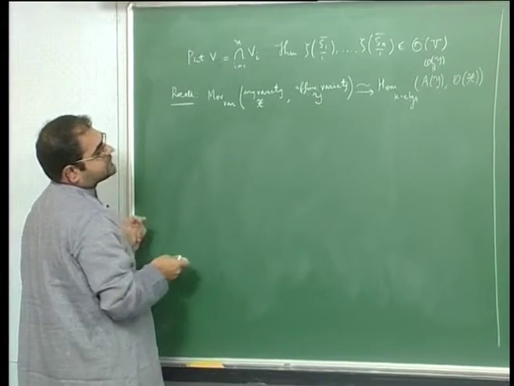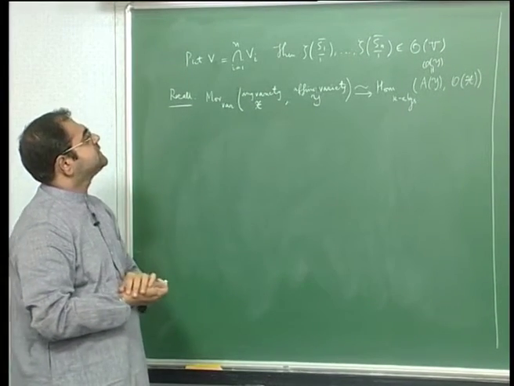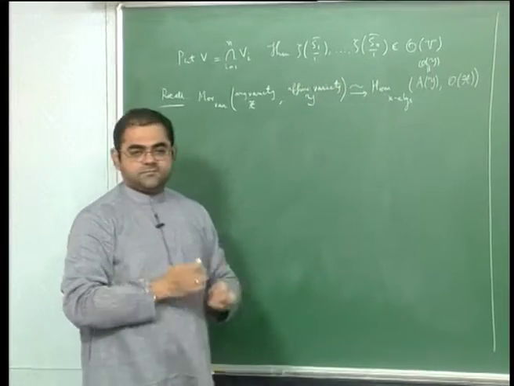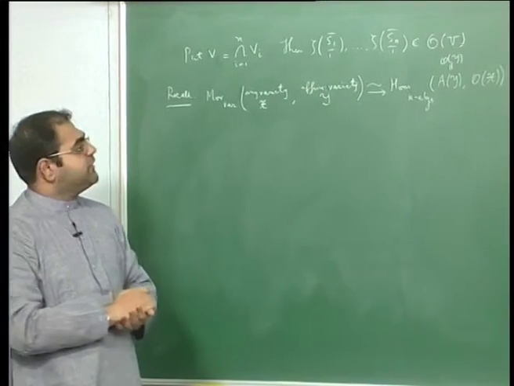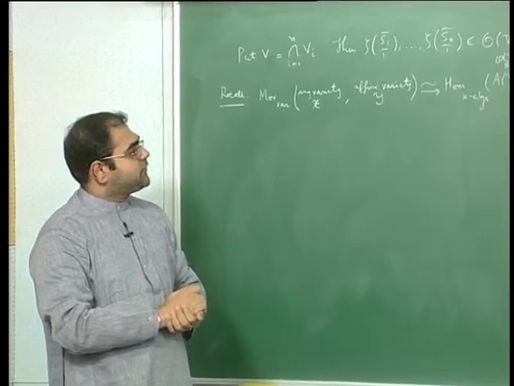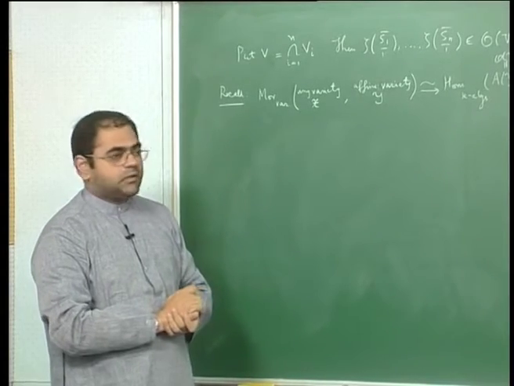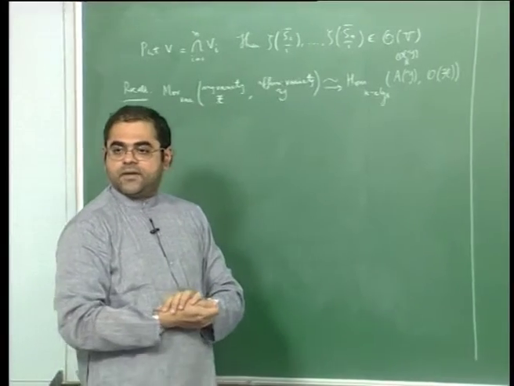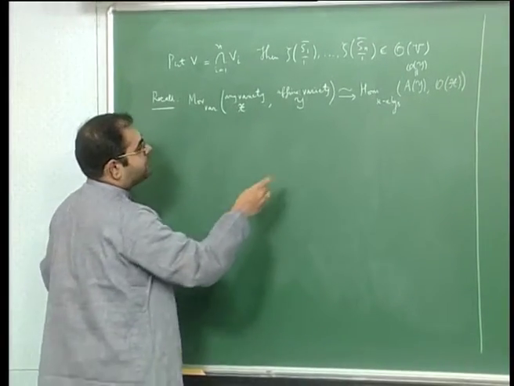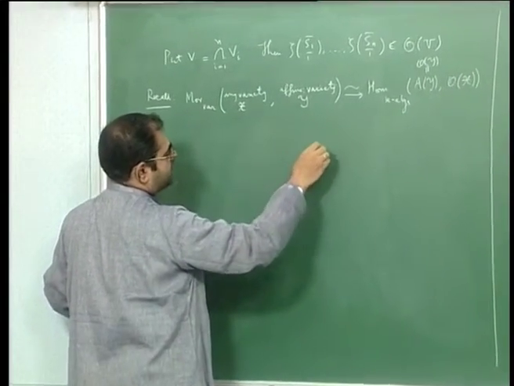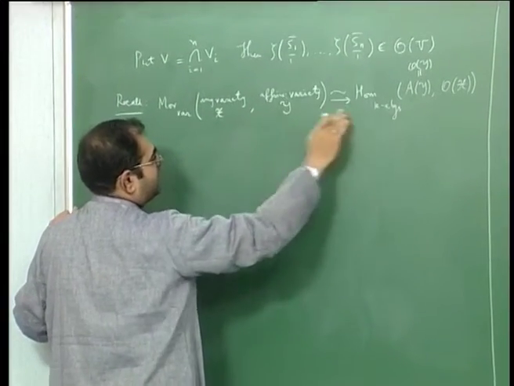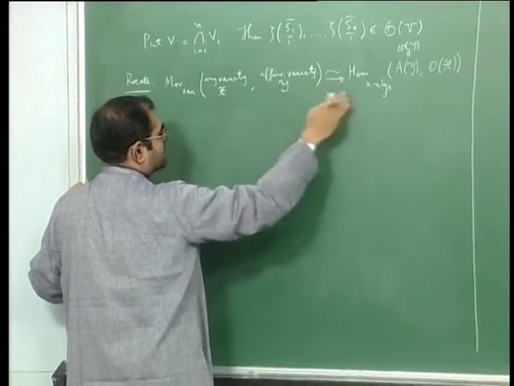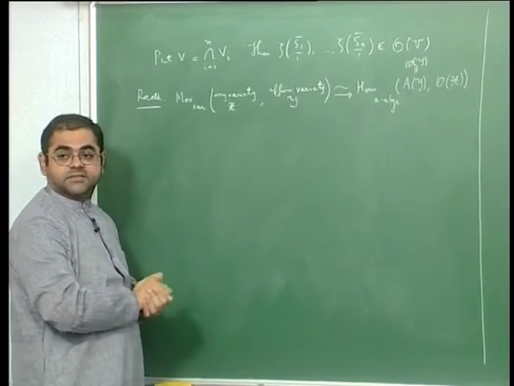I can use these n regular functions to define a morphism from V into x1. If you go back and look at it, that is how we established this bijection.